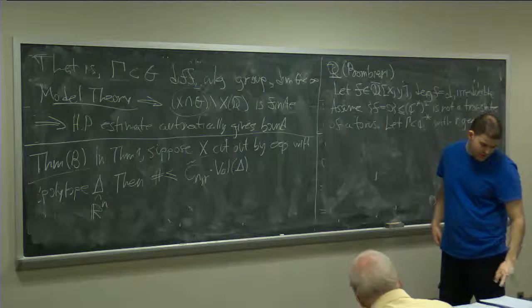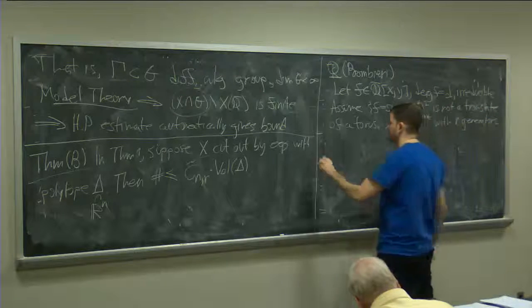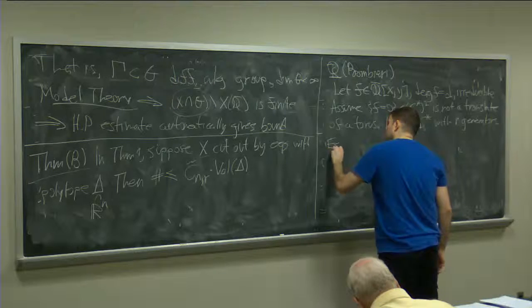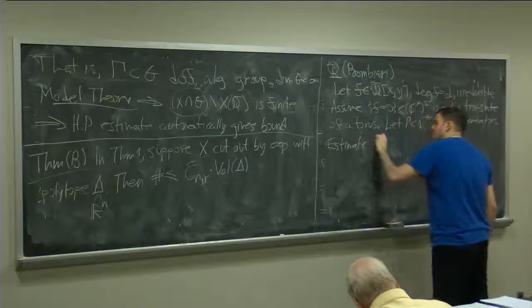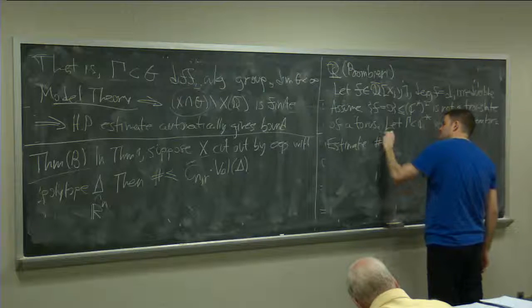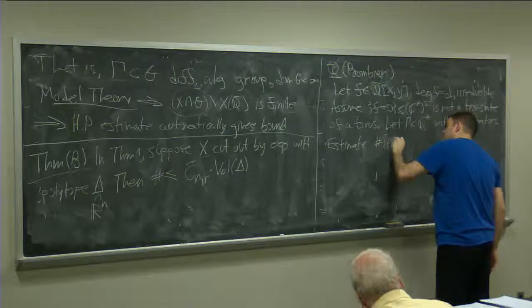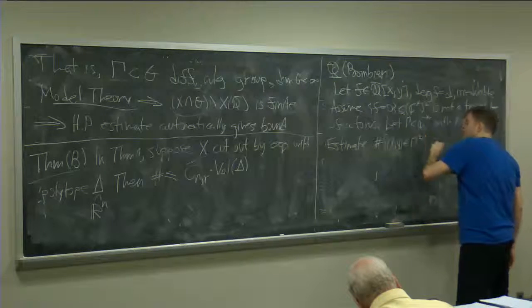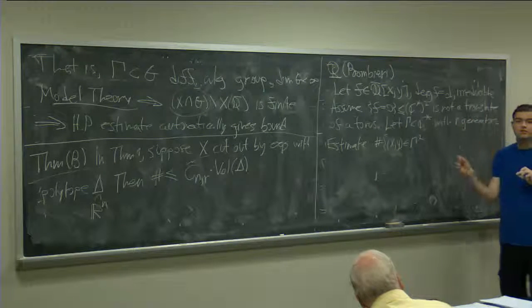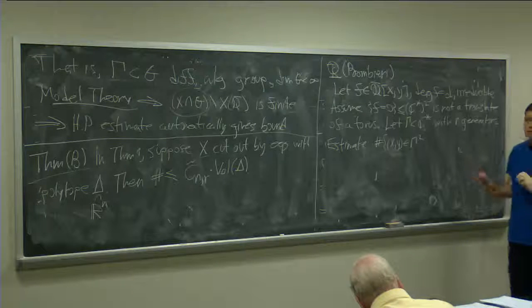And then the question is, estimate the number of points xy in gamma square. So we are looking for solutions such that each of the coordinates is in gamma.